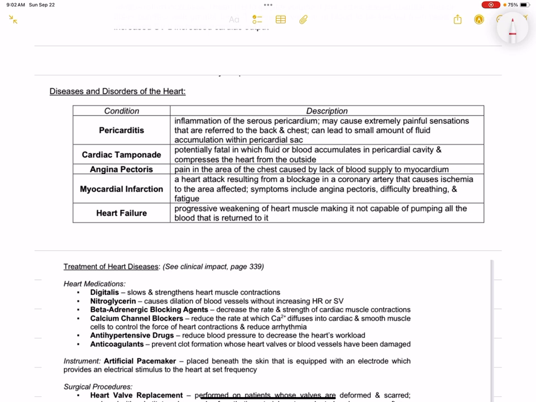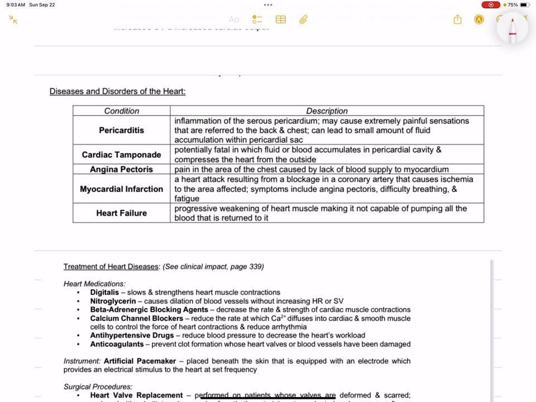So, cardiac tamponade is potentially fatal, in which fluid or blood accumulates in the pericardial cavity and compresses the heart from the outside. Our cardiac tamponade is a condition where blood or fluid accumulates in the sac surrounding our heart.